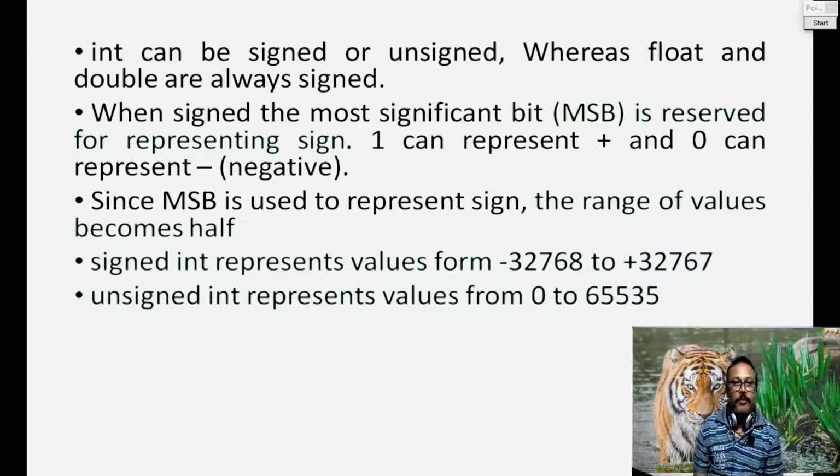So here, if you observe carefully, the range of values is going from -32768 to 32767. So why is there one more negative number? It depends on the representation, how the computer actually represents them.